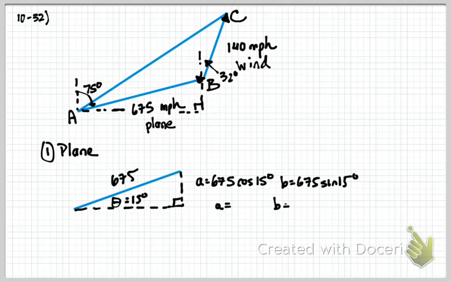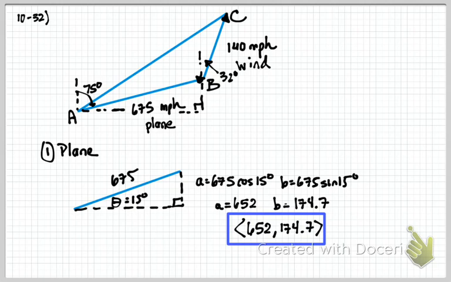Let's say 652. And then what's my second component? It's 174. Perfect, write down your components. 652, comma 174.7. What you are doing is you're finding the x and y, or the a and b, for this bottom triangle. We're in component form.